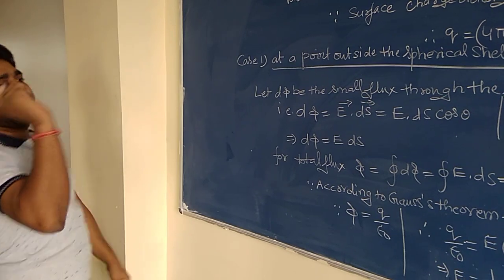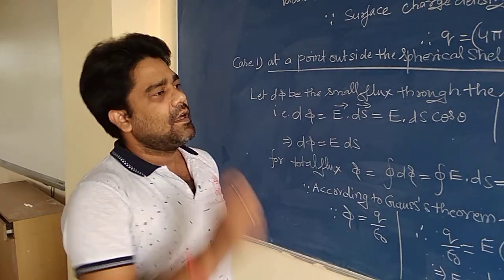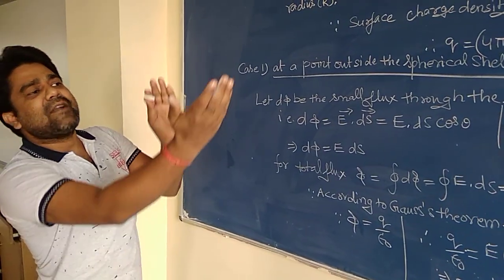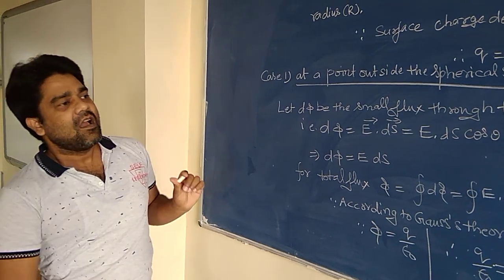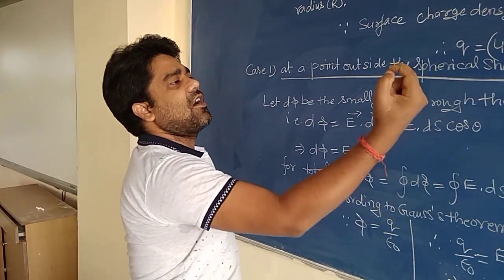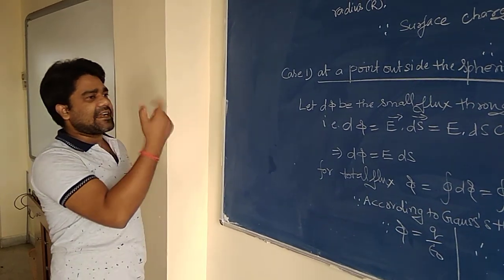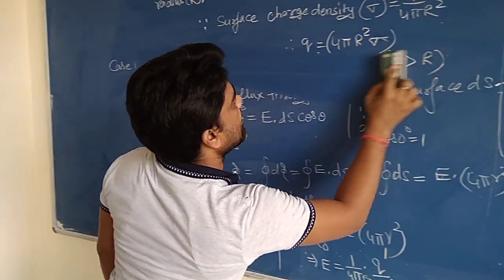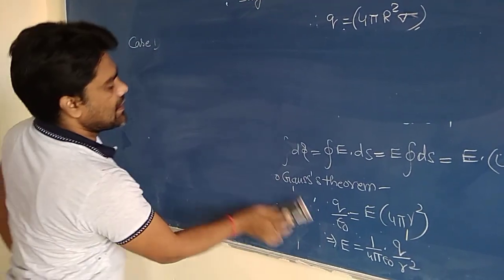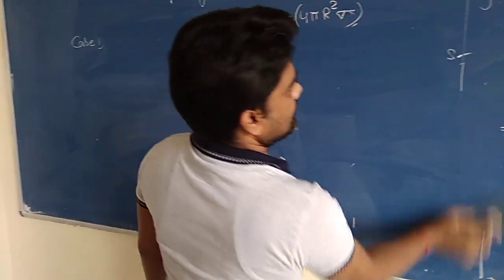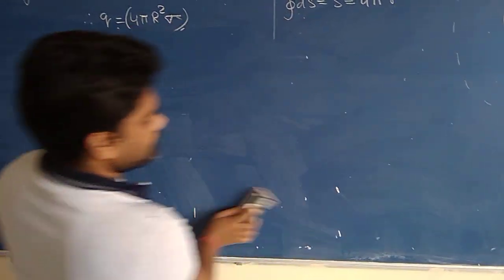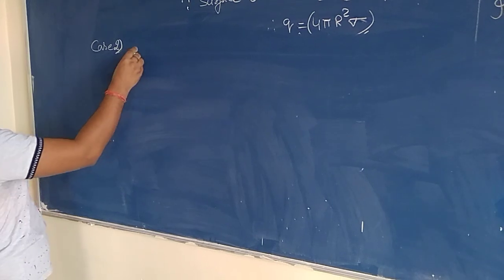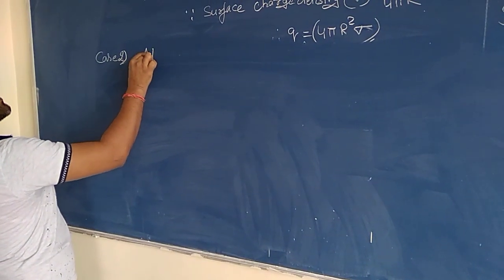Now we have to go to case number 2. What is the meaning of case number 2? If we take a different position of P, we can take point P at the surface of the spherical cell. So in the second case, I am taking the point P at the surface of the sphere.